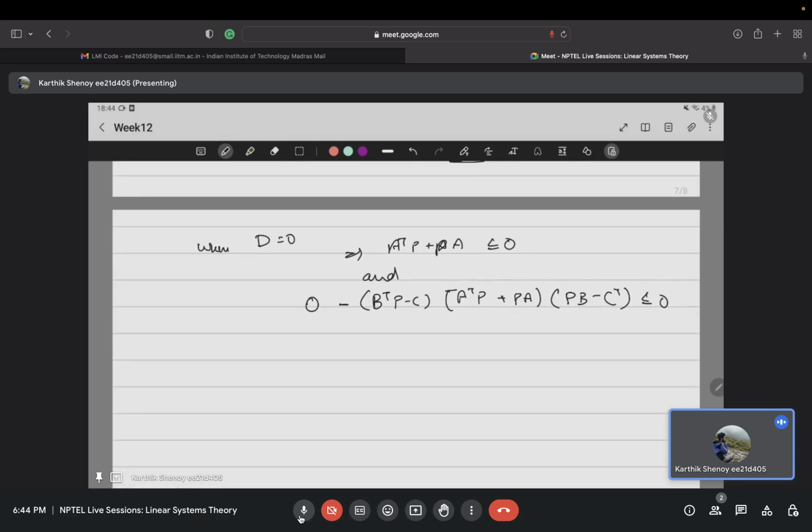I can always write this as PB minus C transpose, A transpose P plus PA, B transpose P minus C, which is greater than or equal to 0.